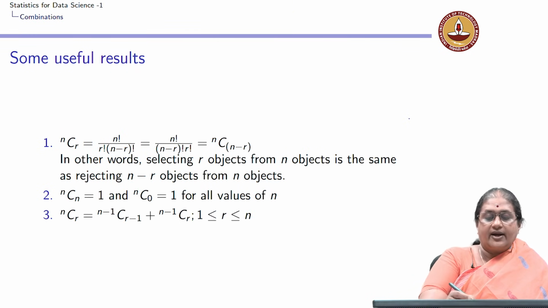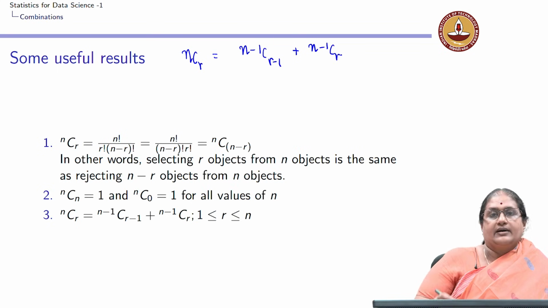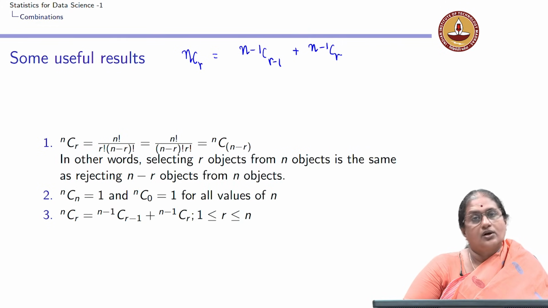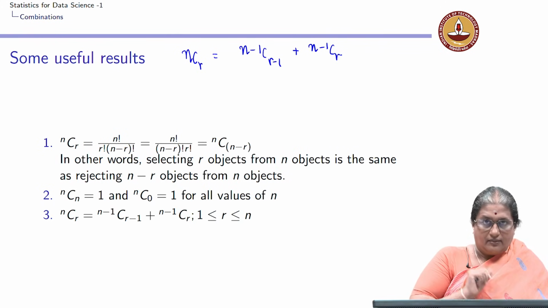Now, the third identity: n choose r equals n minus 1 choose r minus 1 plus n minus 1 choose r. This is a very important and useful combinatorial identity. I am not going to formally prove this, though it can be proven, but let me give you the intuition behind this identity by using an example.